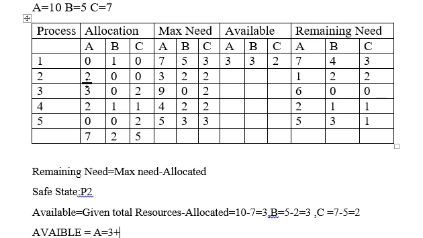Process 2 is holding 2, so once it finishes execution, it will release this. So 3 plus 2 will become 5.